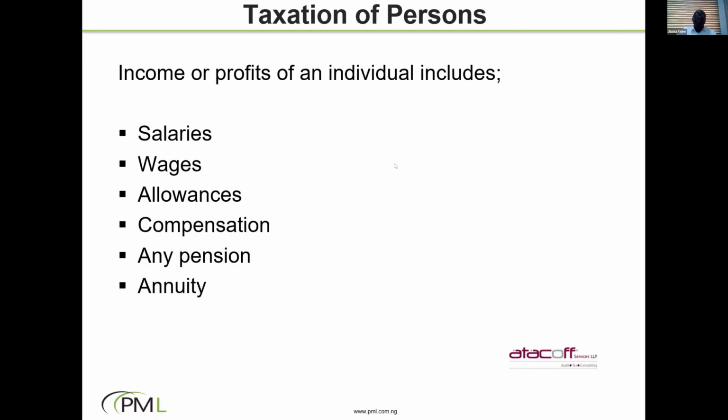And it's similar today. For individuals, your salaries, your wages, your allowances, compensation, and contributions that must be made towards pension, depending on the amount, and earnings from annuity will also attract tax.